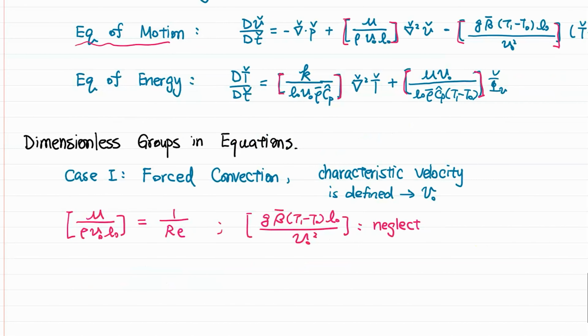and we will neglect that. For the equation of energy, the first term, which is thermal conductivity over L0 V0 rho Cp, is actually 1 over the product of the Reynolds number and the Prandtl number.